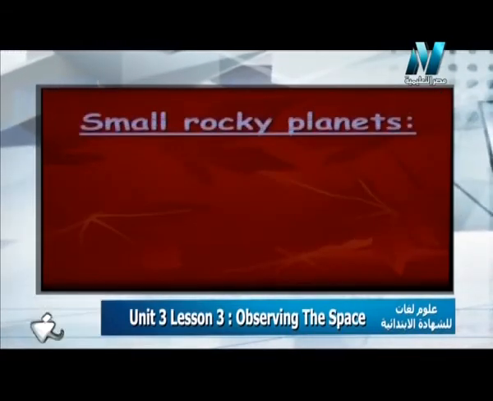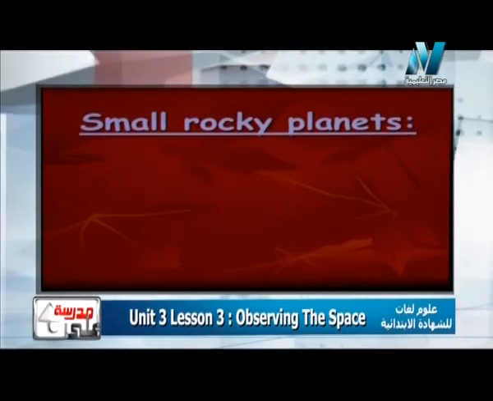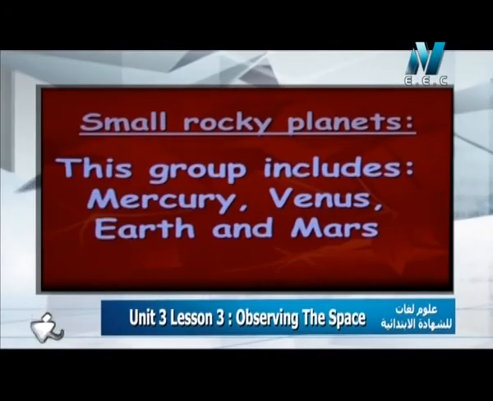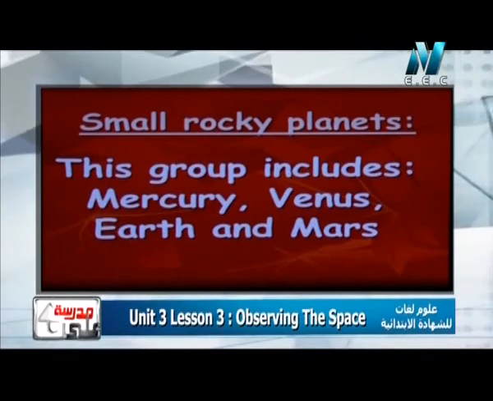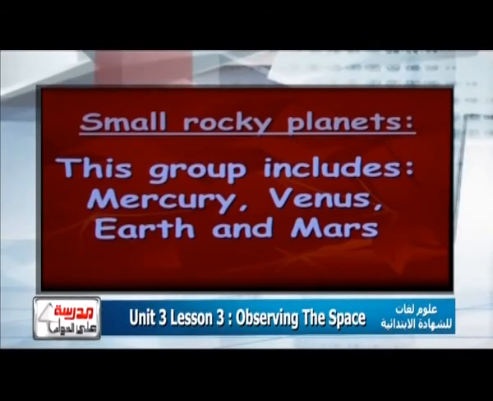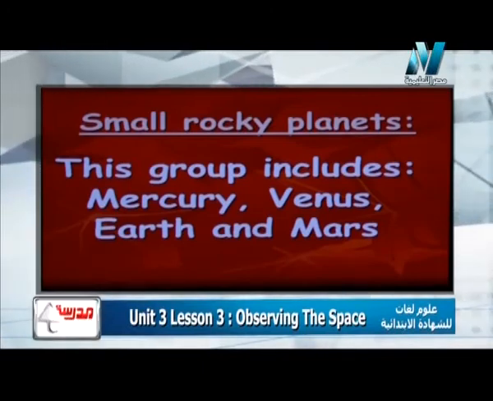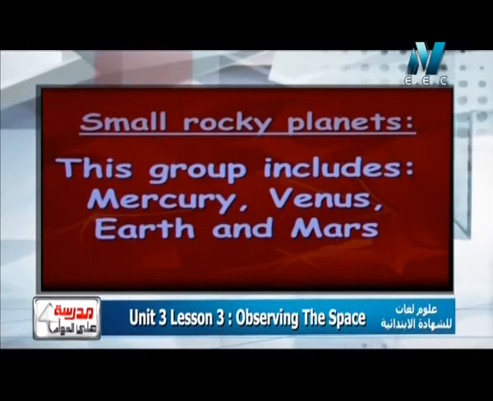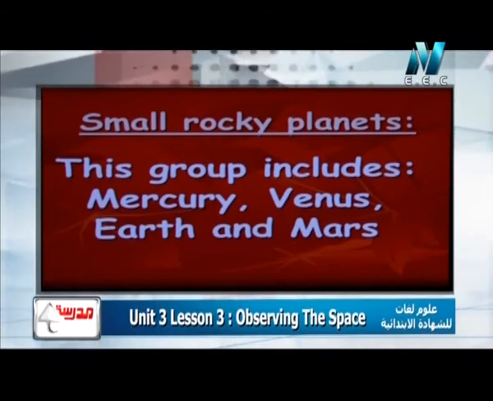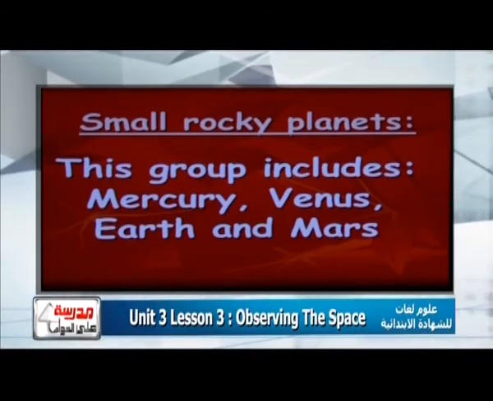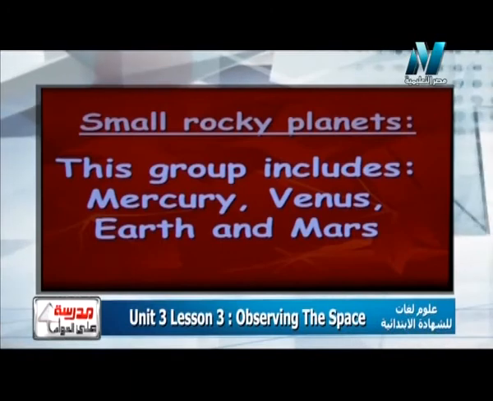So let's make a comparison between those planets. The first group, the small rocky planets, includes Mercury, Venus, Earth, and Mars. They consist of rocks, and they are small planets compared to the outer planets.